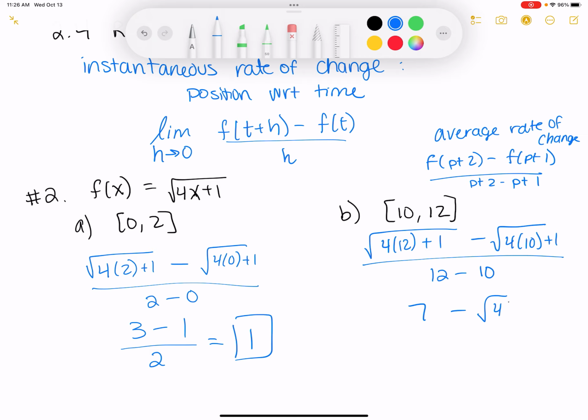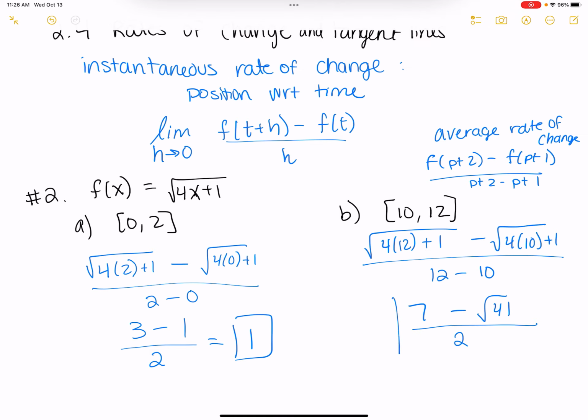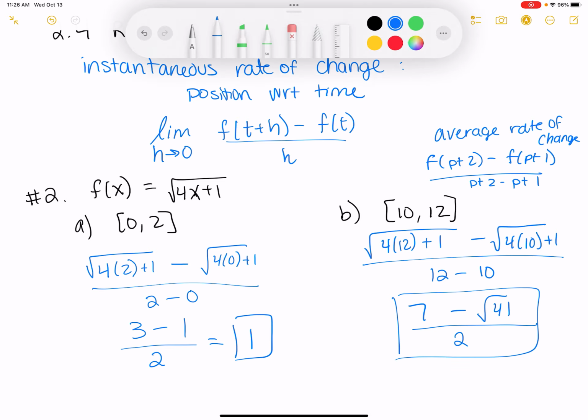That's not something we know, so we're just going to leave it. All divided by 2. So that's that one.